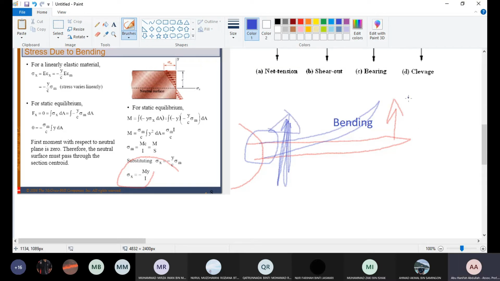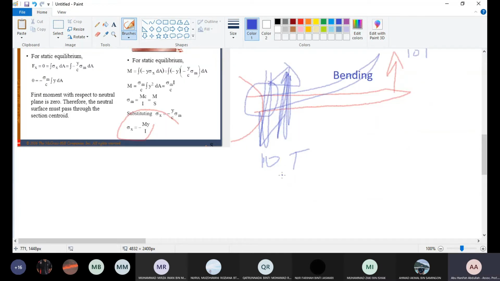For example, this is a load here, say 10 ton, and an opposite load of 10 ton. So this is shear. So we have to know how to calculate them all.